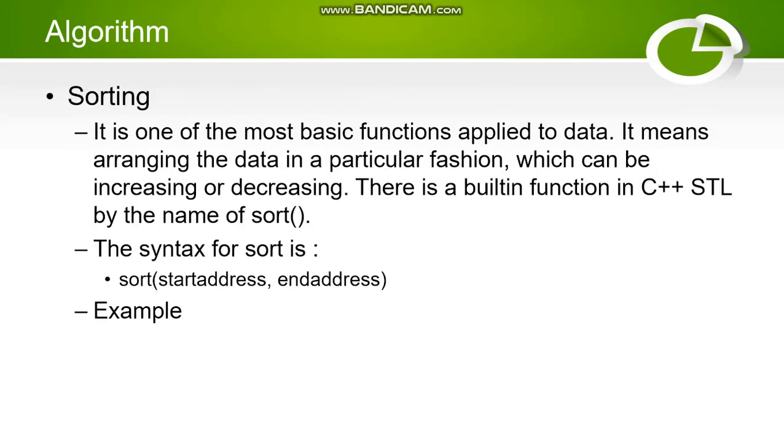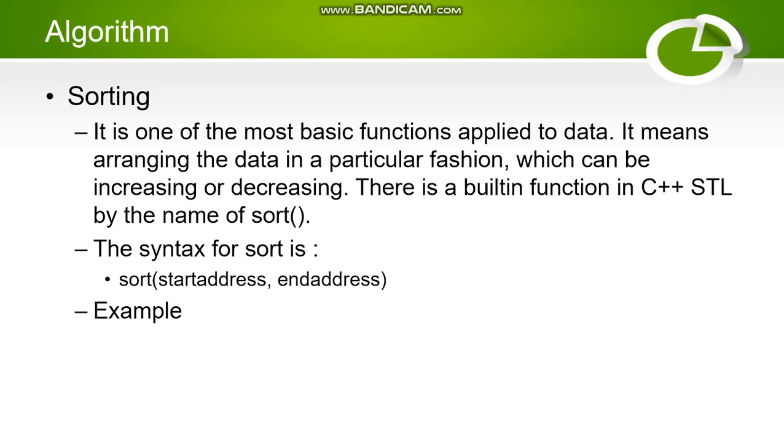First we will see the example of sorting. In the algorithm component, sorting is one of the most basic functions applied on data. It means arranging the data in a particular fashion, which can be increasing or decreasing. If we apply the sorting algorithm to an array, the array is sorted in ascending or descending order.